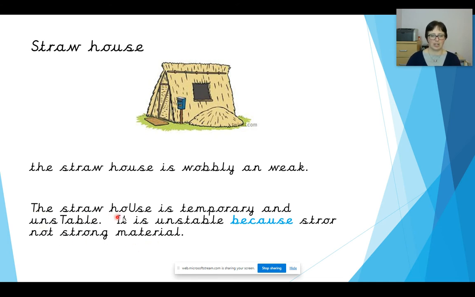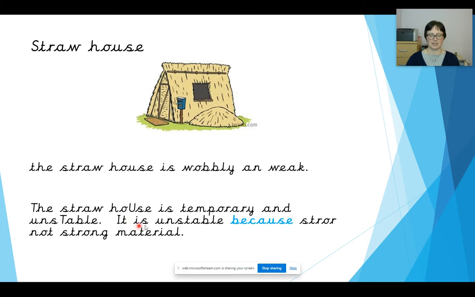So let's have a look. Look along that first line. Oh, a capital letter in the middle of the sentence. We can change that straight away. And another one here. We don't want to see any capital letters in the middle of words, or in the middle of a sentence, unless it's used for a name.